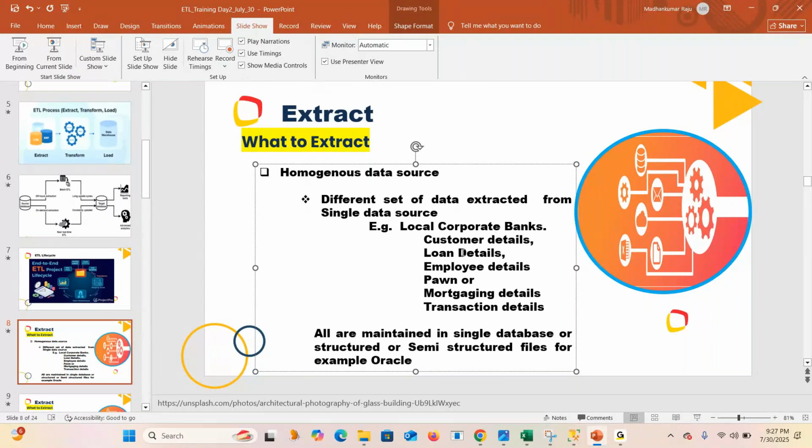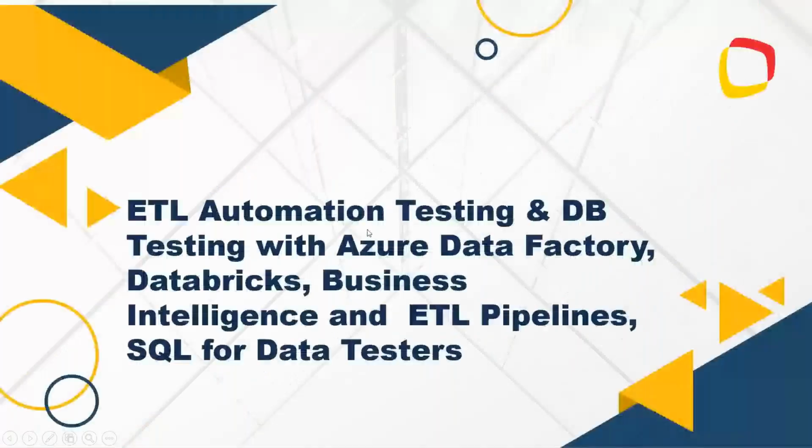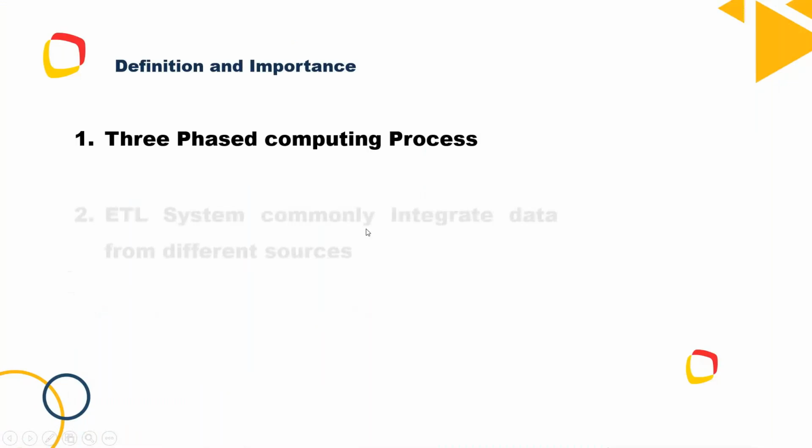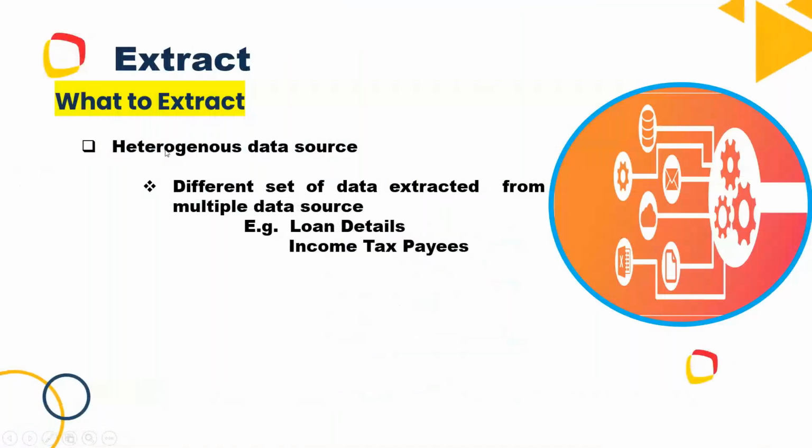That is called a homogeneous data source. Then the next one is heterogeneous data source. But in real time, it is heterogeneous data sources that we will receive, from different sources like Excel files, databases, XML files, JSON files.